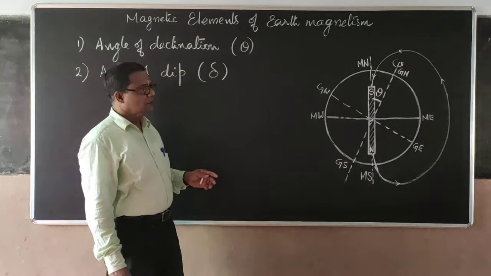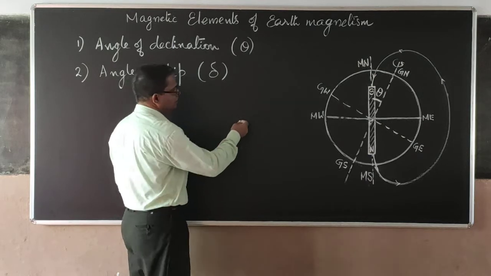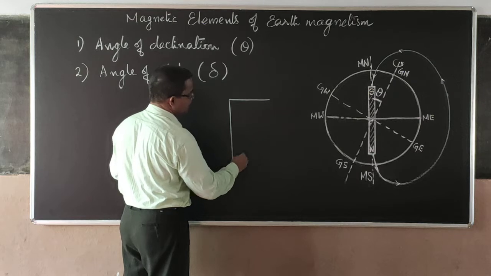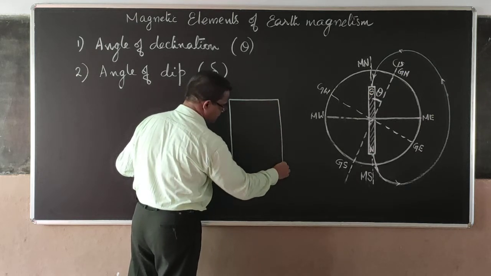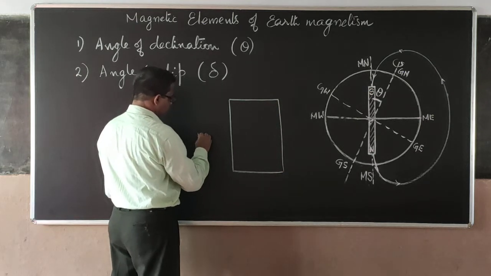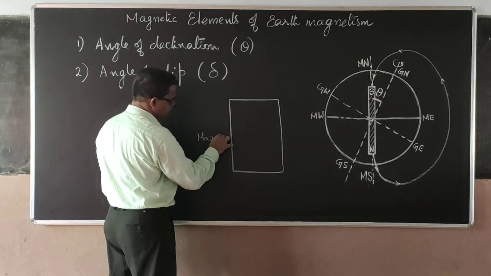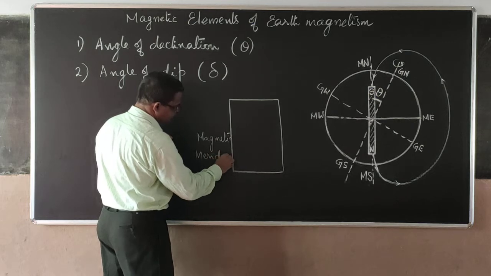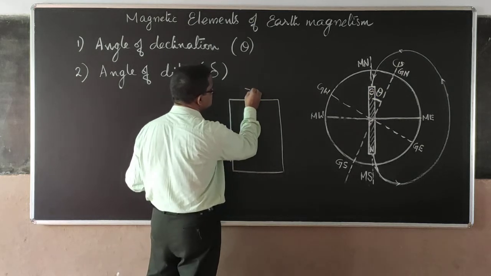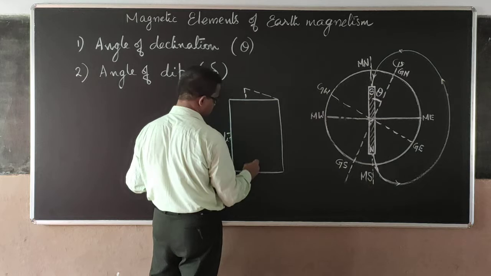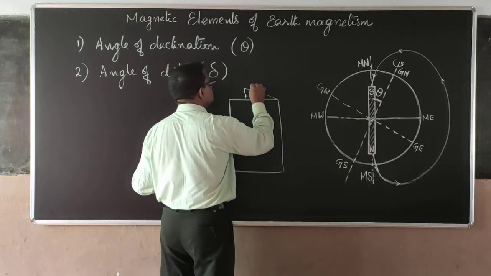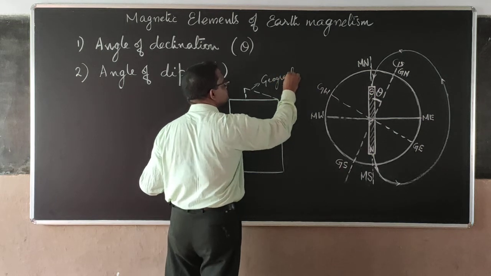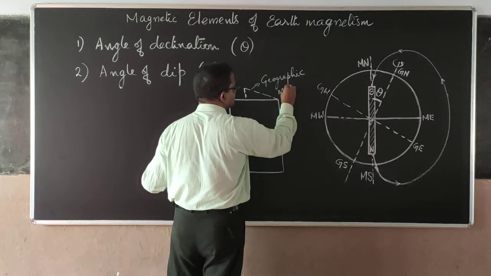Actually, we can consider this angle of dip like this: if this is the magnetic meridian, and suppose this is the geographic meridian.